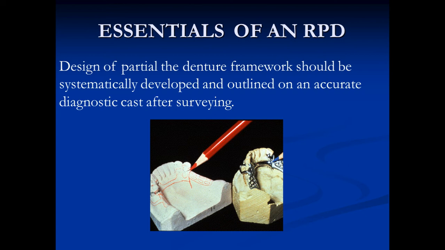intraorally, and we make all the modifications according to our design of the removable partial denture. And then again, we make a master impression. After all the modifications, after all the crown, inlay or onlay cementations to change the contour of the tooth, once we finish all those modifications, we make a master impression of all the hard and soft tissues.